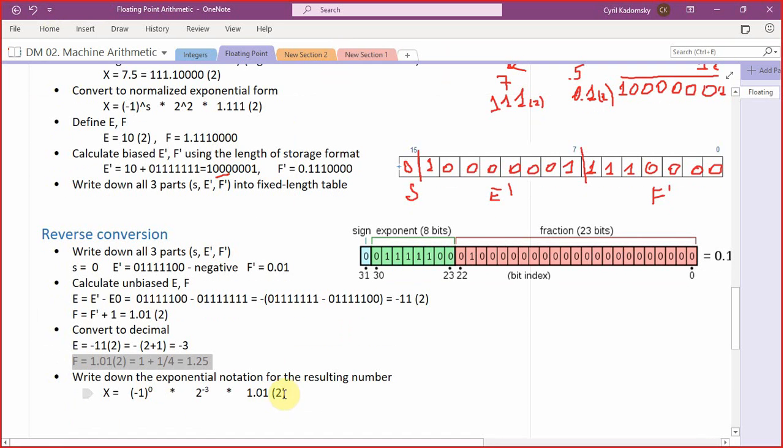Why? Because this multiplication is much easier done in binary than in decimal. We can do it in decimal also, but in binary it's easier. Why? Because multiplying or dividing by 2 is just moving the point in our number.